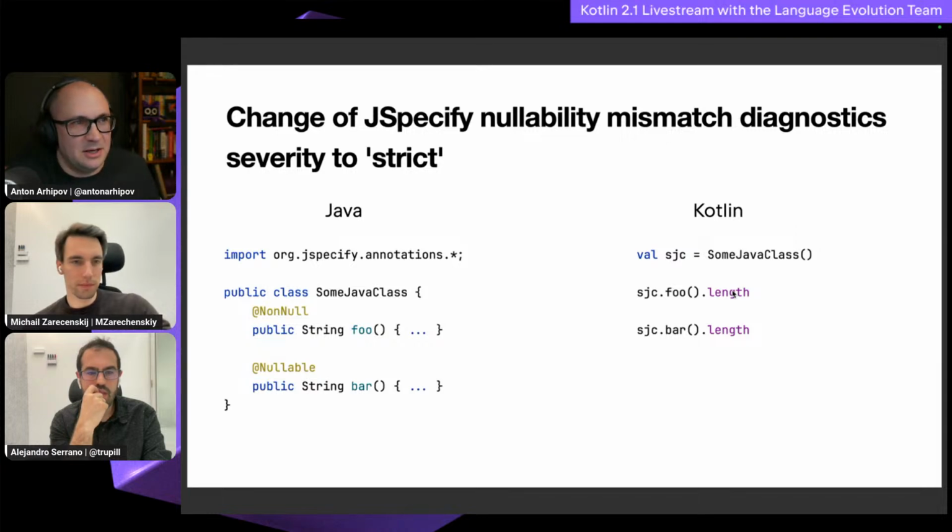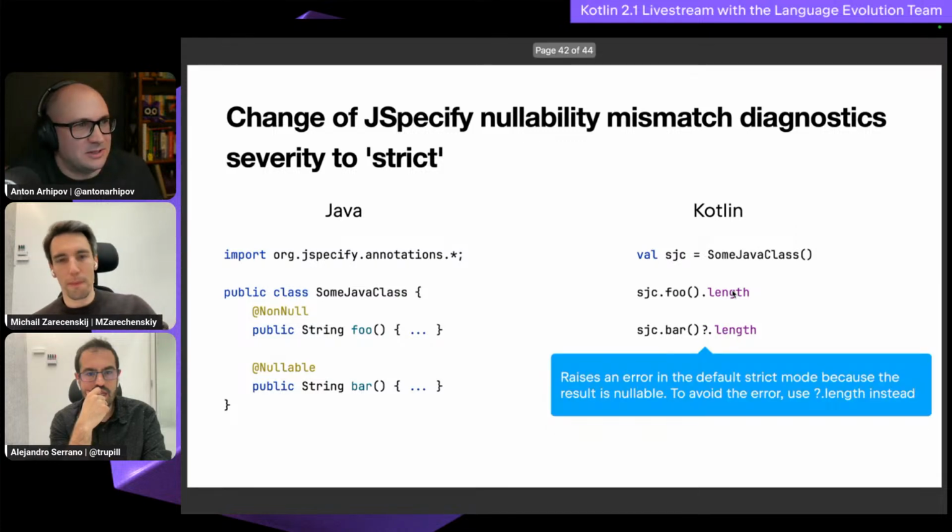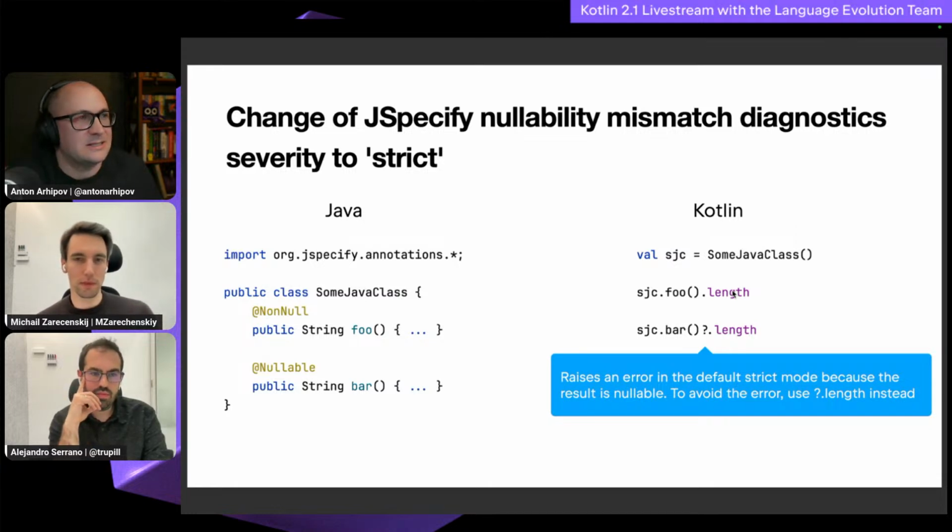And if we use that in Kotlin, we will see the compiler screaming at us in the second case, because it might return null. It's a nullable type that is expected from there. So you will see the compiler error in the editor, and you have to use the safe call operator to write code like this.